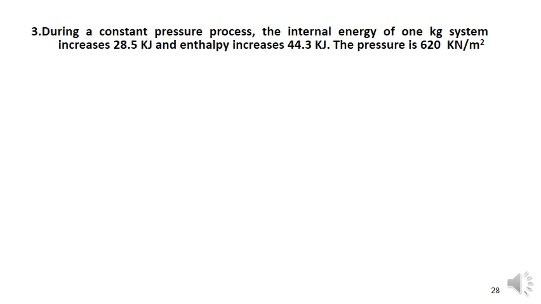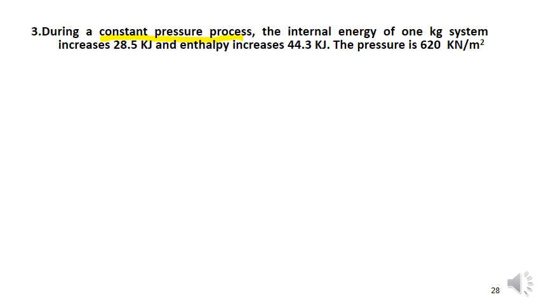So next problem. What is the next problem? During the constant pressure process, they clearly mention here it is a constant pressure process. First we have to identify what this process is.